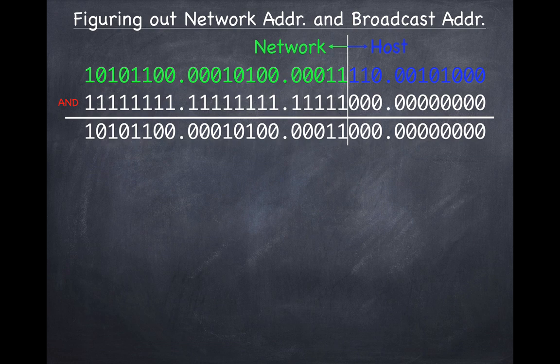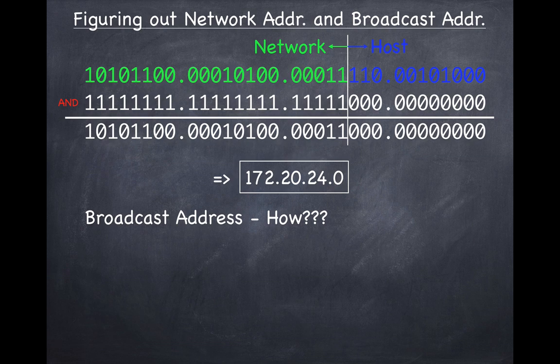If we convert that back to decimal dotted notation format, the network address for that IP is 172.20.24.0. Now the next question is, how do we get the broadcast address? Hopefully everybody said, or at least thought, by setting all the host bits to 1.